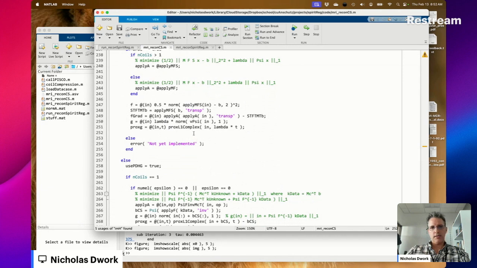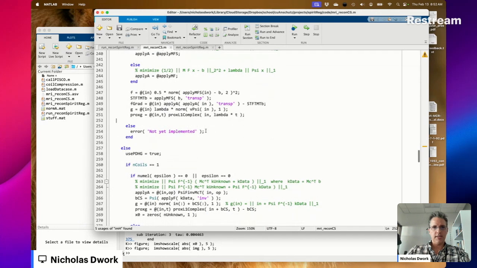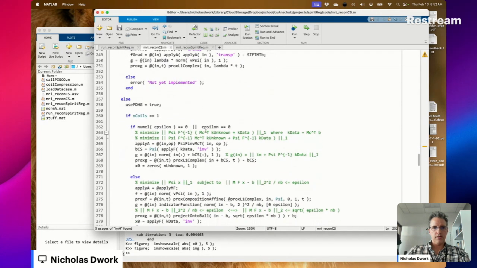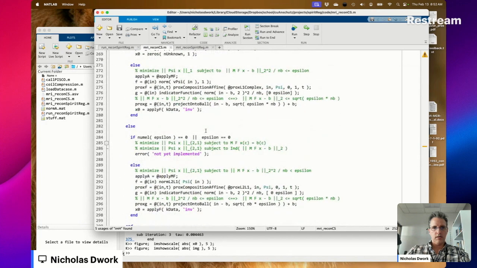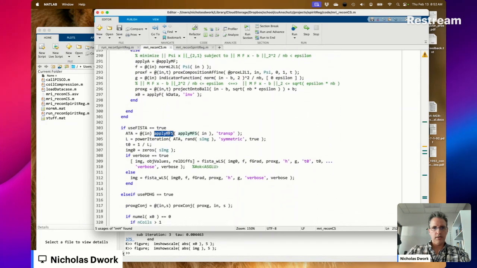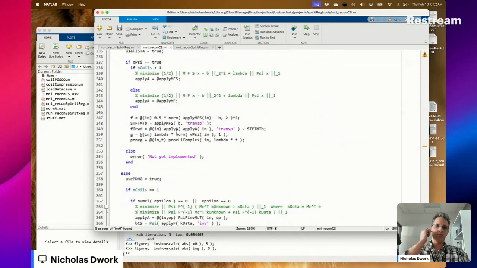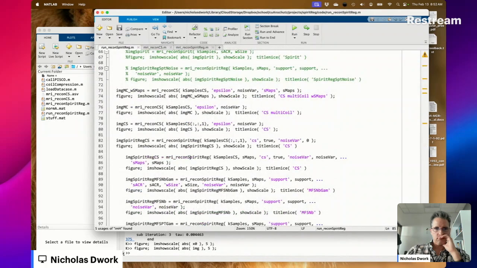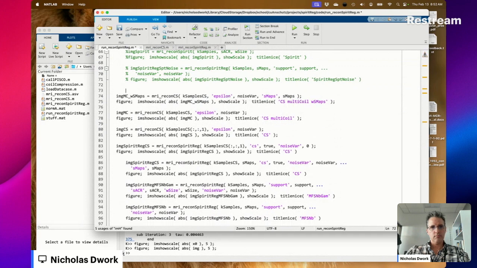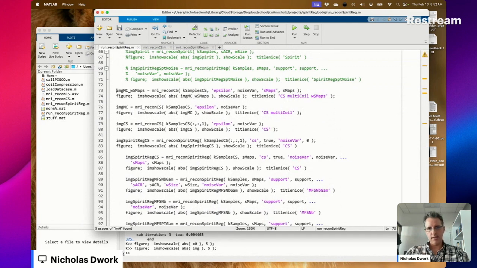Just masks certain Fourier samples. If we come down here, so apply A, apply A. I think lambda now works with both single coil and multi-coil. I don't have any lambdas.